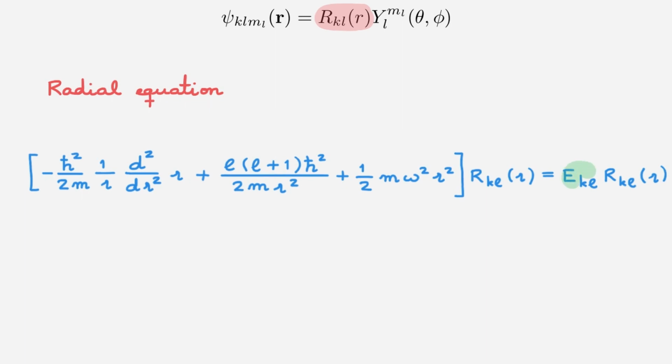Both energy eigenvalues and radial functions only depend on the k and l quantum numbers. This is the first step of our solution. As we already know the angular dependence of psi, we can reduce the full eigenvalue equation for psi into this new differential equation that will allow us to determine the radial part. So we're all set. In the rest of this video, we will simply solve this differential equation.